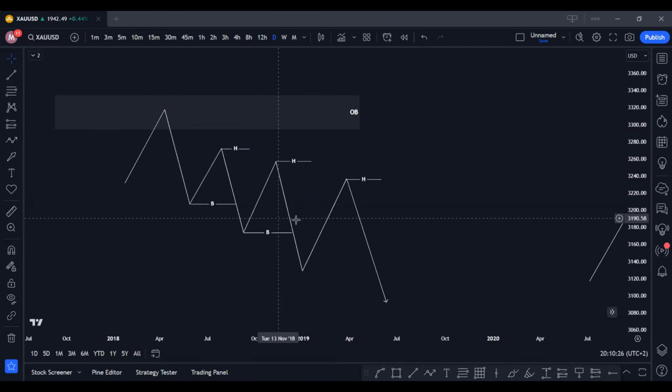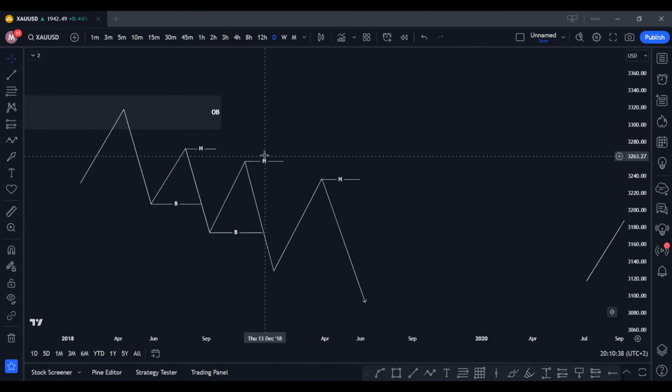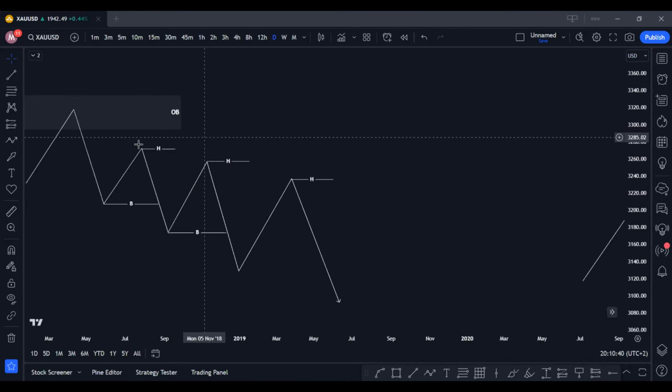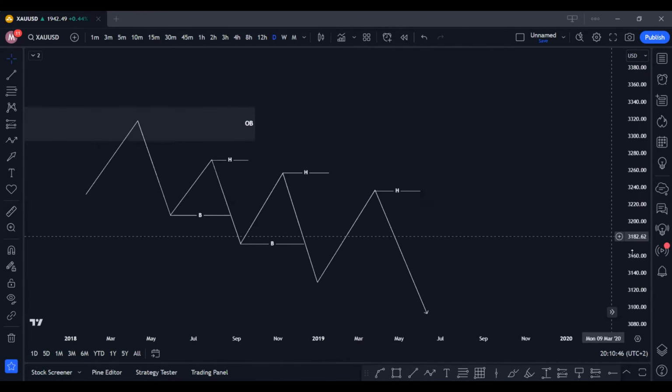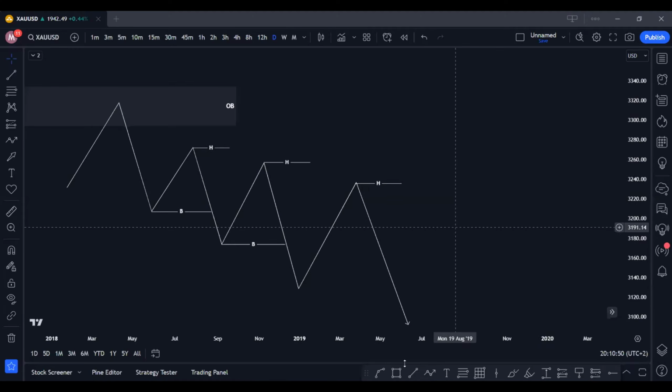Immediately when price taps you into your order block, you're going to look for your confirmation entries. But if you find that you missed your confirmation entries, you can always look for your pro trend entries, knowing that we are in a bearish trend and looking for selling opportunities.